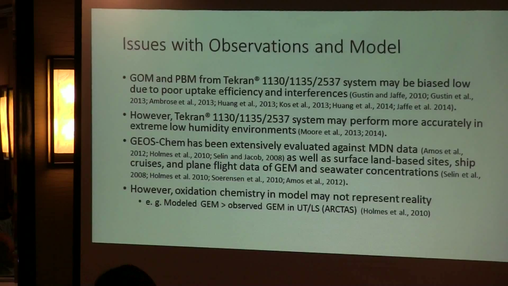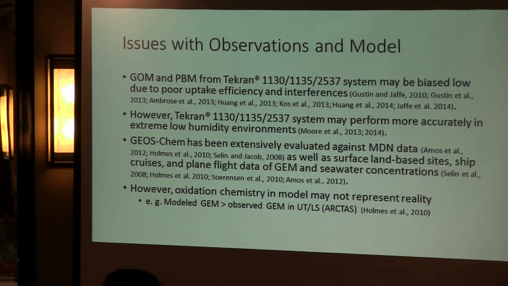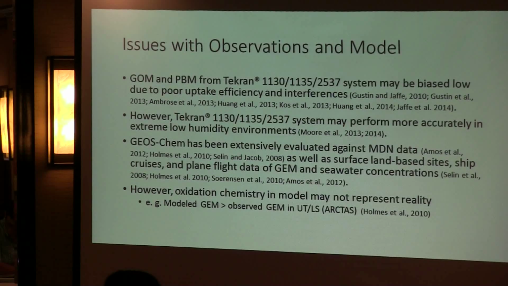As an example, what was brought up in Helen's talk yesterday from the ARCTAS flight, the vertical profile of elemental mercury in the atmosphere was not well simulated by the model. The lower concentrations of elemental mercury in the observations at the upper troposphere, lower stratosphere were not accurately reproduced in the model.